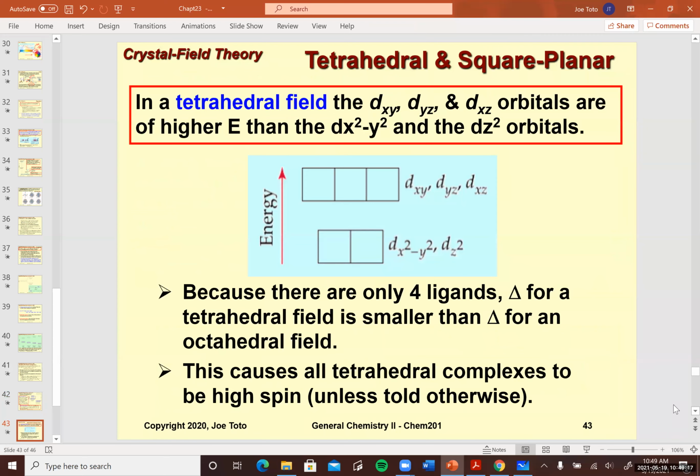Okay, now just to finish off the rest of the chapter, you won't be using these as much as the octahedral field, and that's the tetrahedral and the square planar. So we have those different possibilities of ligands coming in a tetrahedral field.